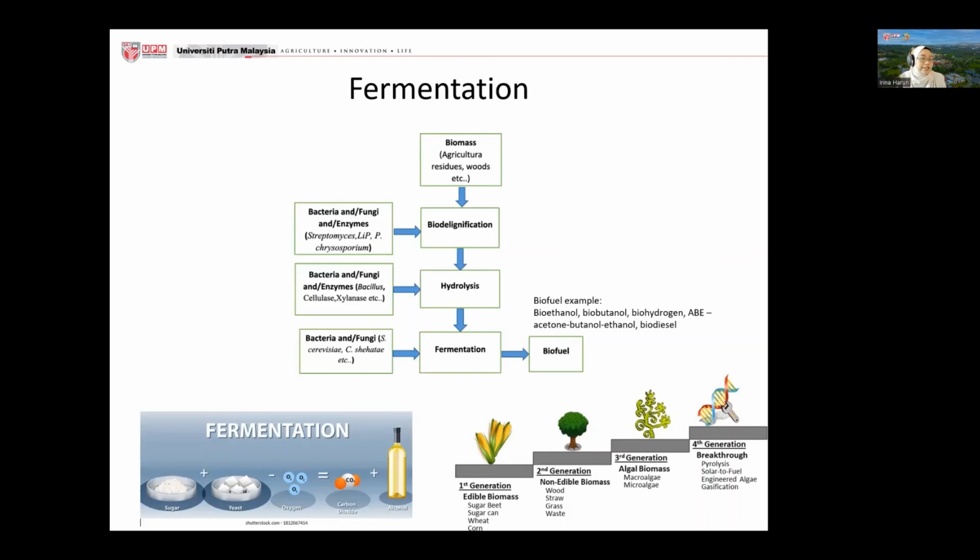So the waste from the oil palm plantations, like the palm fronds, the leaves, even the empty fruit bunches, are very attractive commodities that can be fermented to produce many types of biofuels.